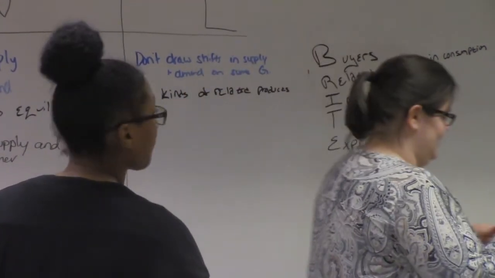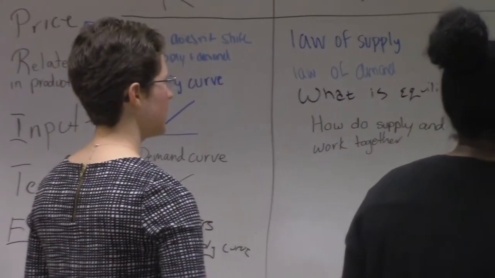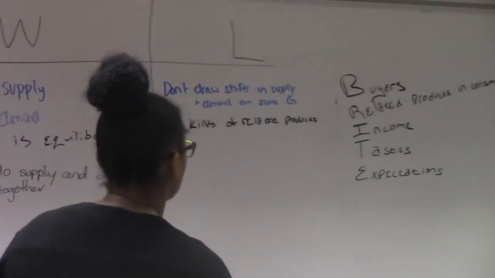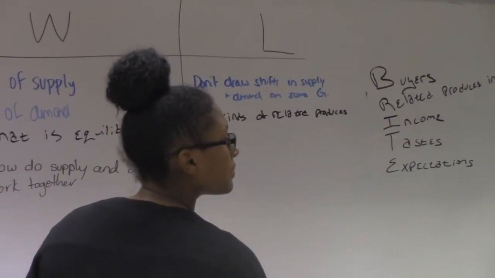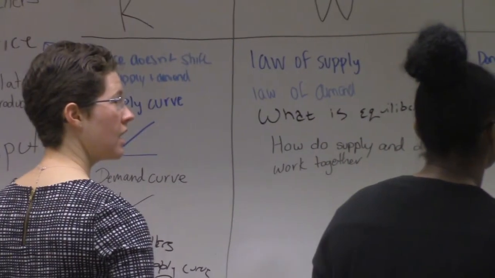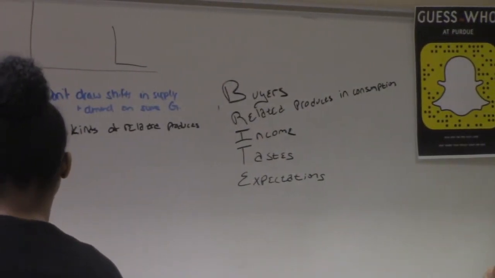Do you guys remember what the two kinds were? Products in consumption and products in production. Yes, but do you remember what the two different types of related goods in consumption or in production are? Complements and substitutes. Yeah, exactly, great job.